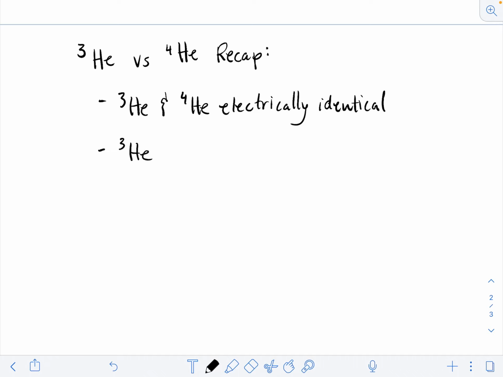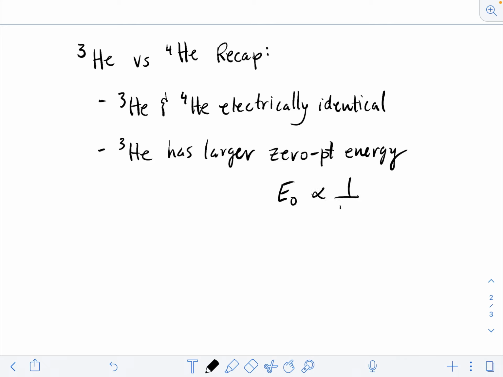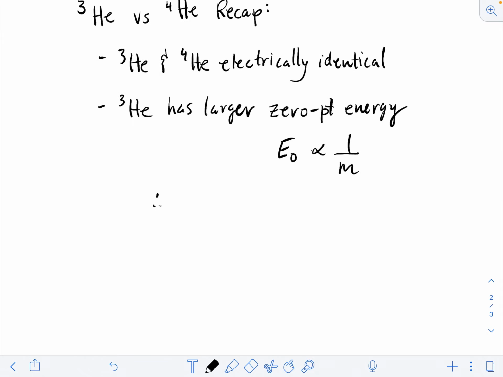What we had found is that helium-3 had a larger zero-point energy. And that was really a consequence of the lower mass of the helium-3 atom because it has one less neutron. And so this zero-point energy we deduced was proportional to 1 over the mass. And so what that really means is that at zero temperature, the helium-3 atoms have more kinetic energy.